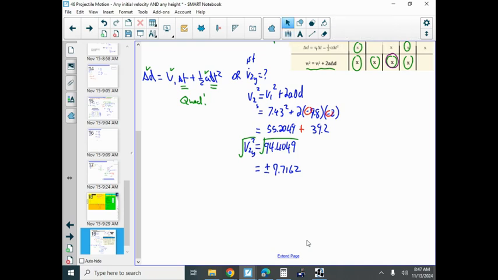And of course, what the plus means was when it was on the way up, and the minus is on the way down, which at this point for this one you might not have even thought of that. You would have just used this one, of course, because that's what actually happens, right?